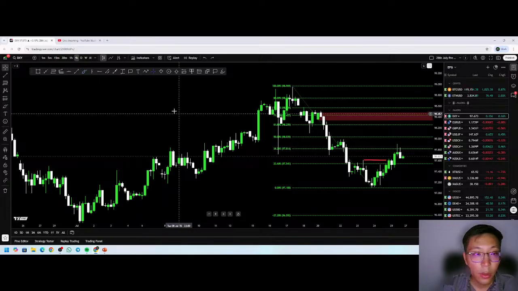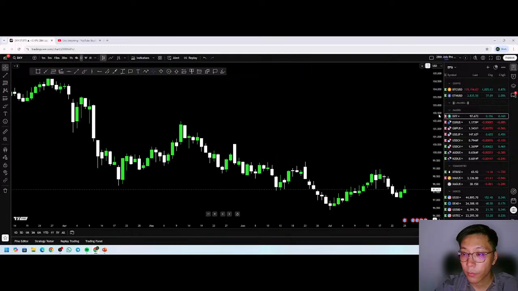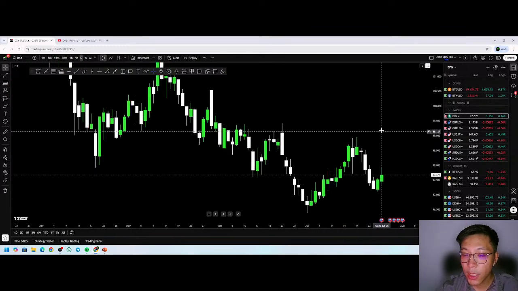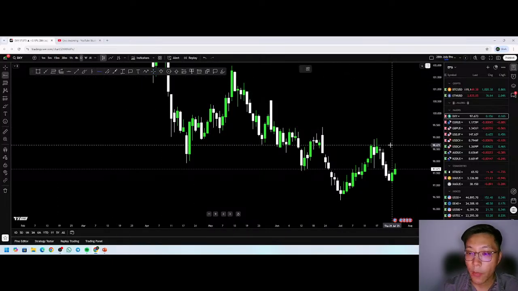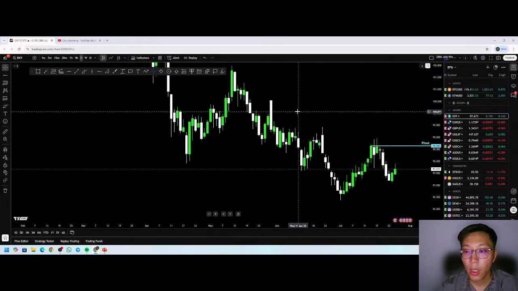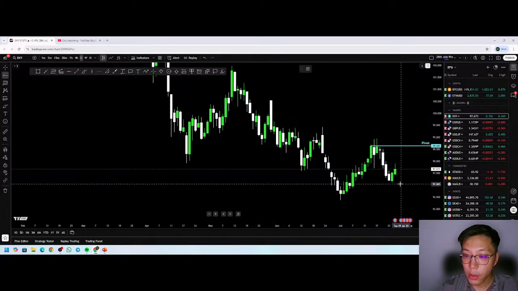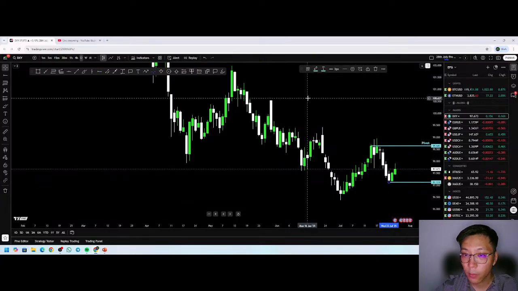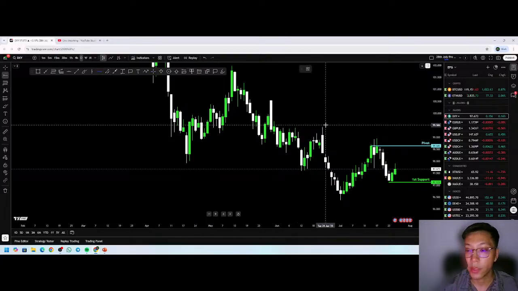Just to reset this, DXY, let me mark it out again. What I am looking at is there might be a pivot point from here. I'm marking this as my pivot point, and then this is my support. Then where is my resistance? My resistance is right here.